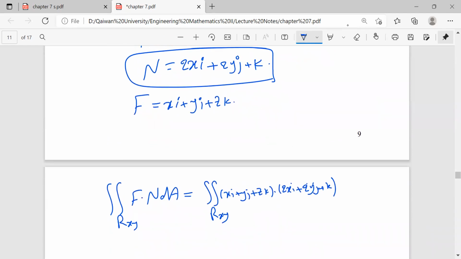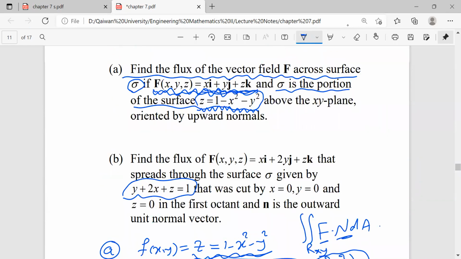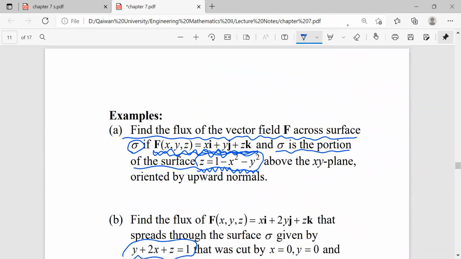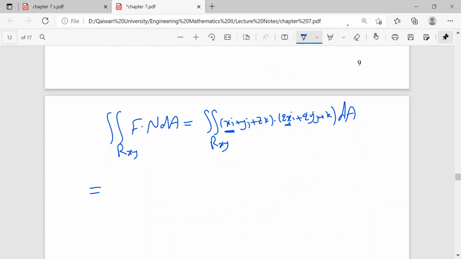Sorry, in F, it's only y j. And then this equals to, here we multiply first component to first component, which becomes 2x squared.